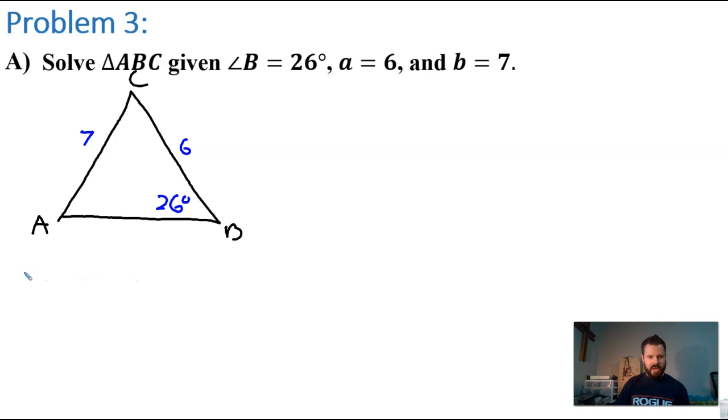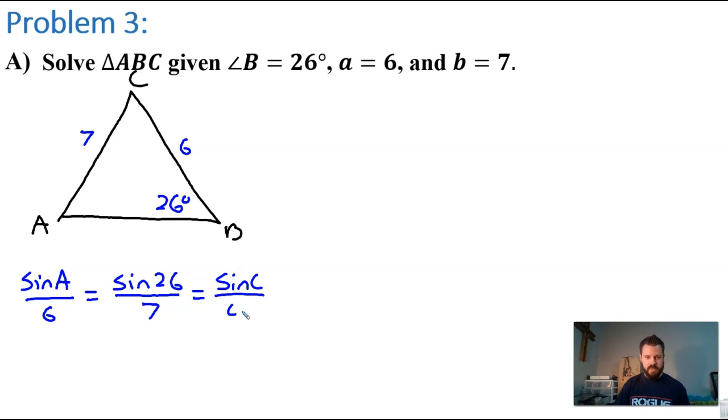Okay, if I fill in my law of sines, we have sine of big A over 6 is equal to sine of big B, which is 26, over 7, which is equal to sine of big C, which we don't know, over little c, which we don't know either. So it looks like I can use the a and b.